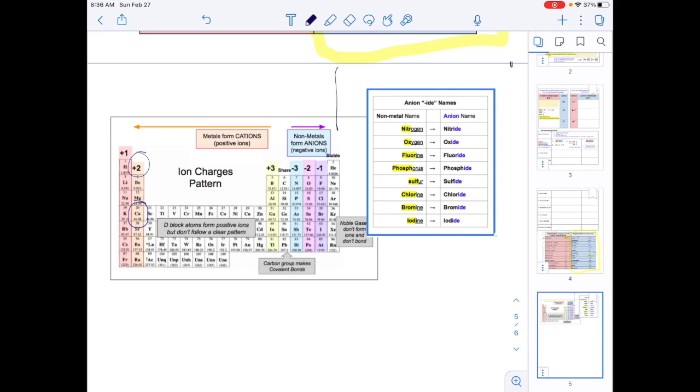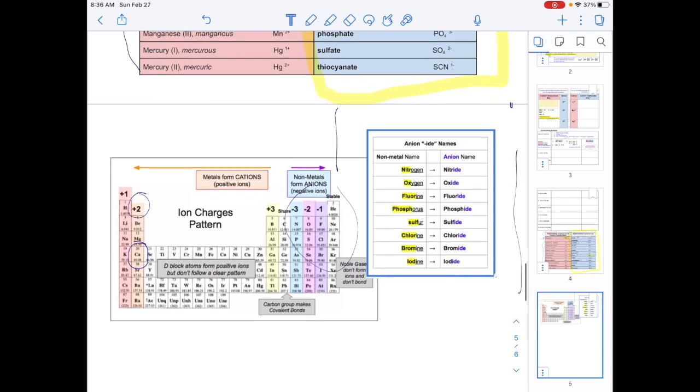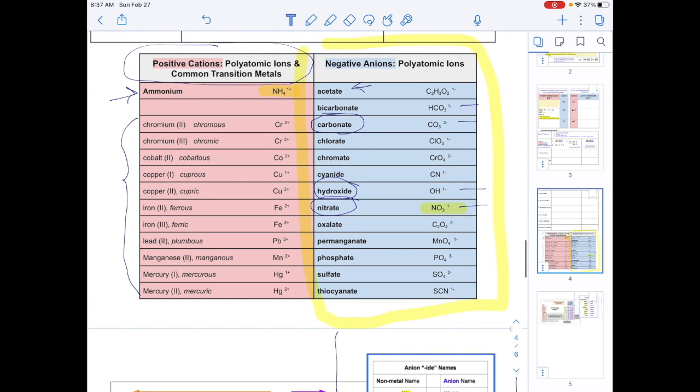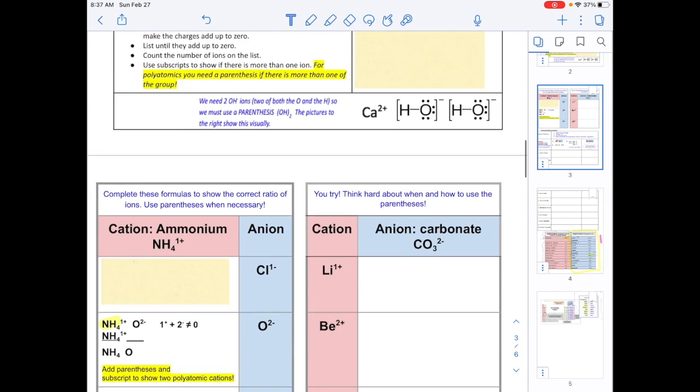Now, the "ide" ending might make you think it's one of these from the periodic table, but there's no element called hydroxygen or hydroxium or something. So hydroxide is OH. Here it is. Okay, OH -1. So that was calcium +2, OH -1.